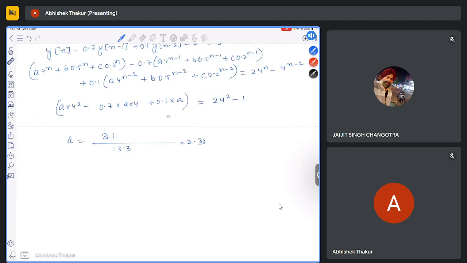Now substituting n is equal to 0 in the difference equation, we will get y of 0 minus 0.7 y of minus 1 plus 0.1 y of minus 2. This equation was given in the question, that is equal to 2 of x of 0 minus x of minus 2. Okay.